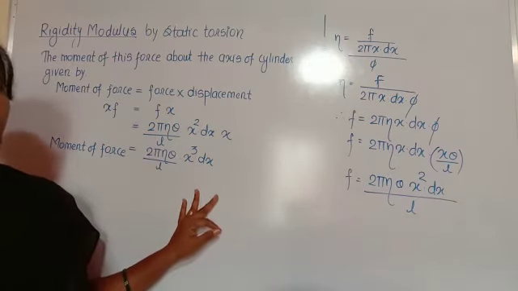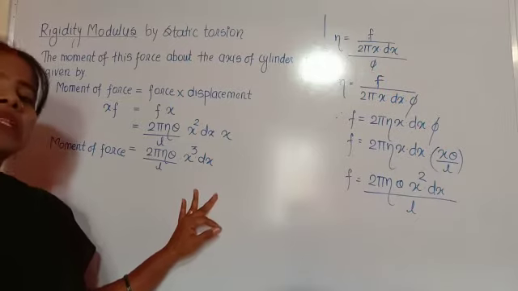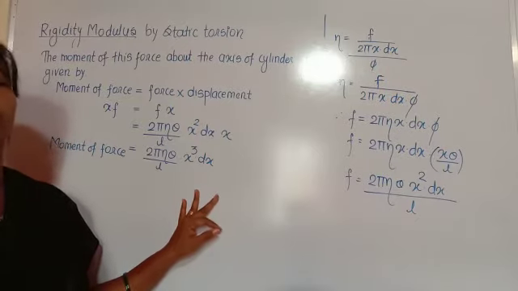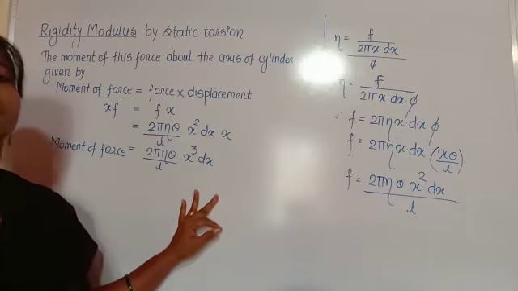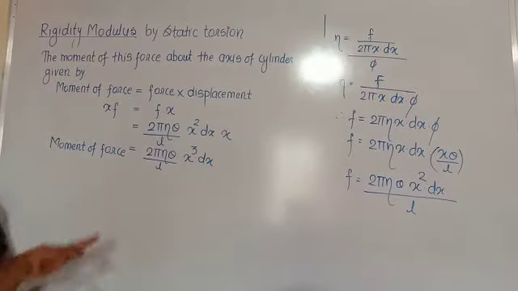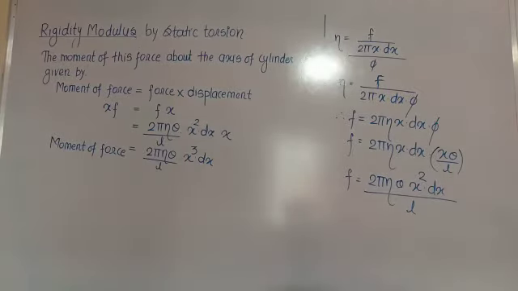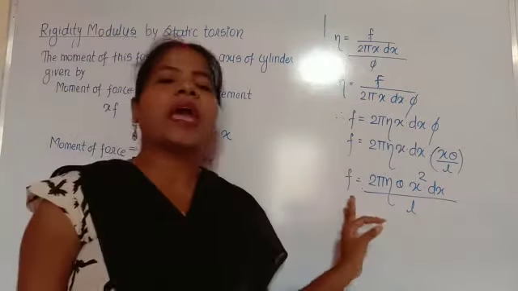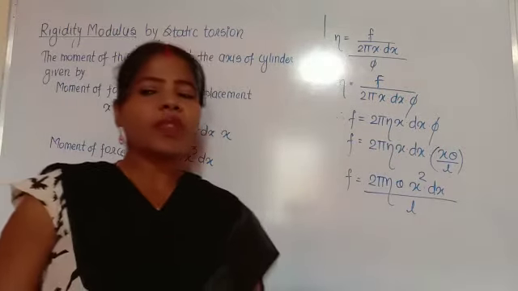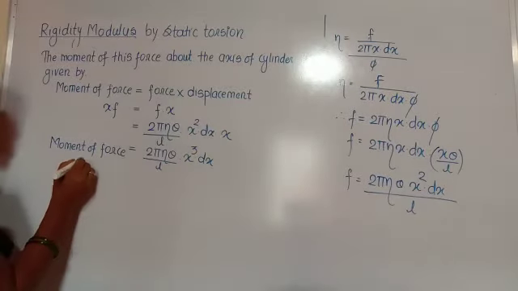But we have to calculate the torque on the total cylindrical rod. For that we take the sum of all such torques, which is the total torque applied on the cross section of the cylindrical rod.